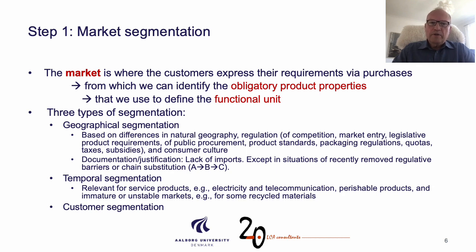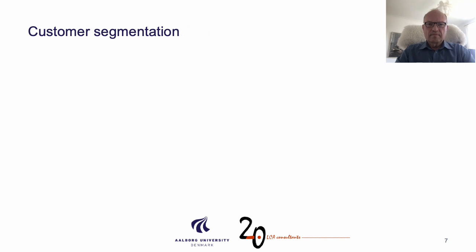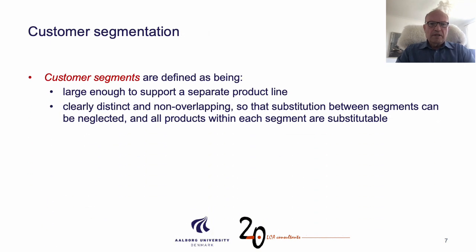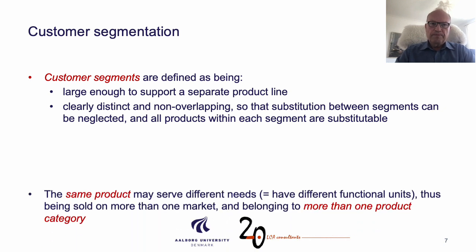And finally, we have customer segmentation. There we have the customer segments defined as being large enough to support a separate product line, but also clearly distinct and non-overlapping, so that substitution between segments can be neglected, and all products within each segment are substitutable.